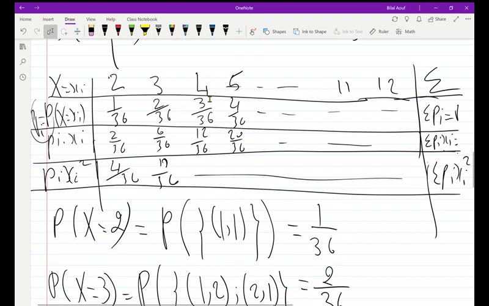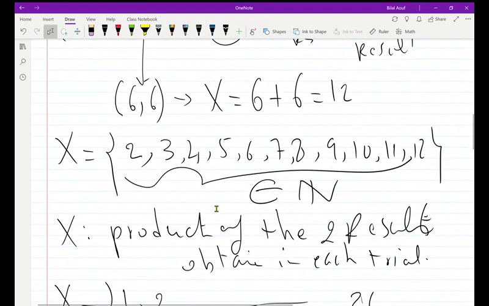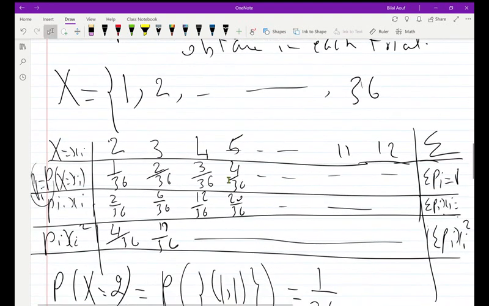For F(4), the probability of X less than or equal to 4, I do the sum: 3 plus 2 plus 1, which is 6 over 36. For F(5), I do the sum from 5 down to the first value, 2: 4 plus 3 plus 2 plus 1, which is equal to 10 over 36.